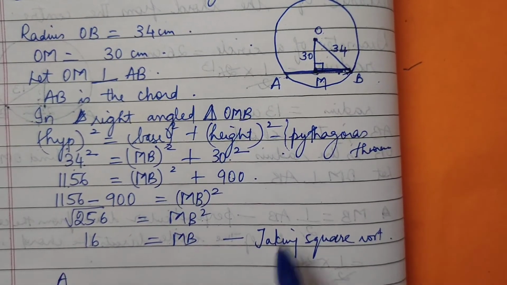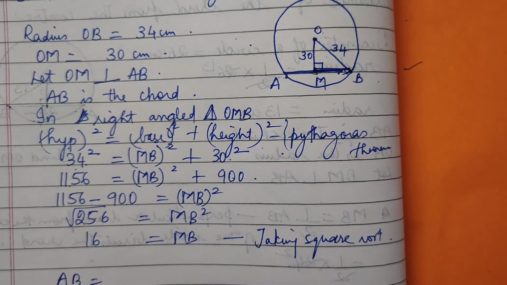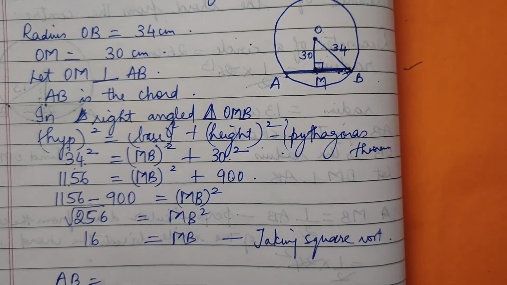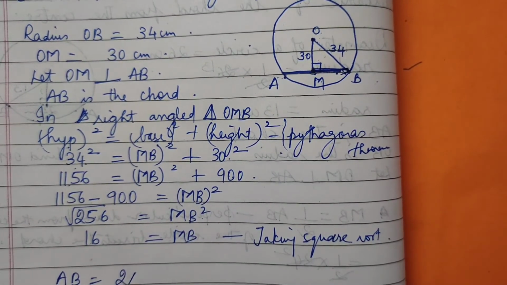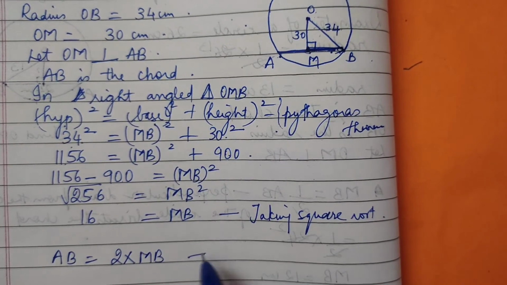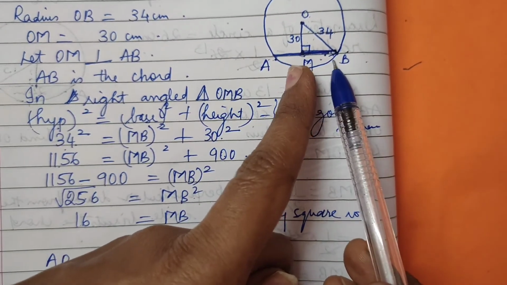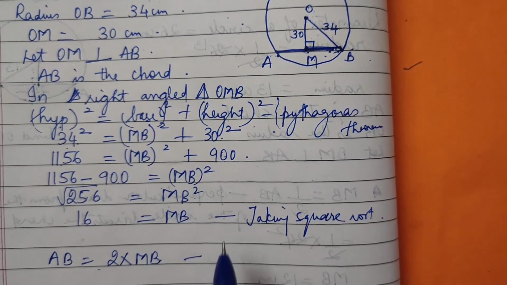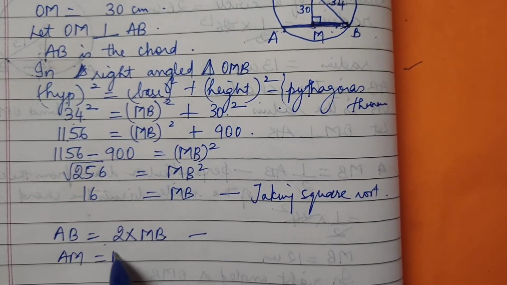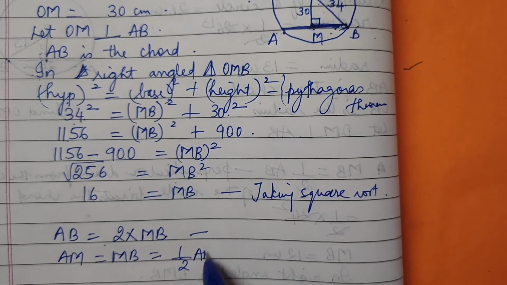We want AB. AB is 2 times MB. You can write it like this. You can write it in one more way also: AM equals MB equals half of AB.